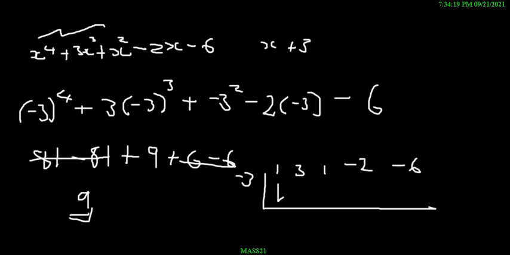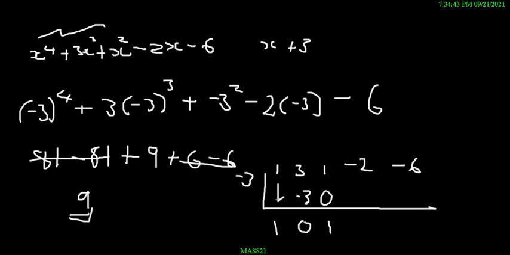So the 1 drops, it's 1. Negative 3 times 1 is negative 3. 3 plus negative 3, that's 0. Negative 3 times 0 is 0. 1 plus 0 is 1.